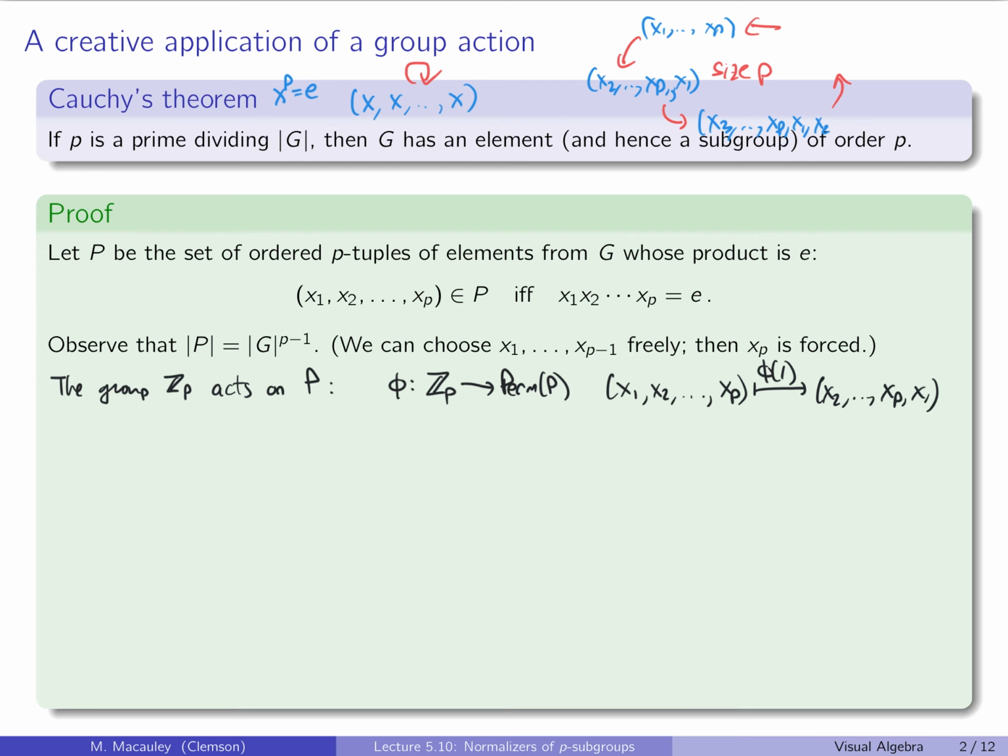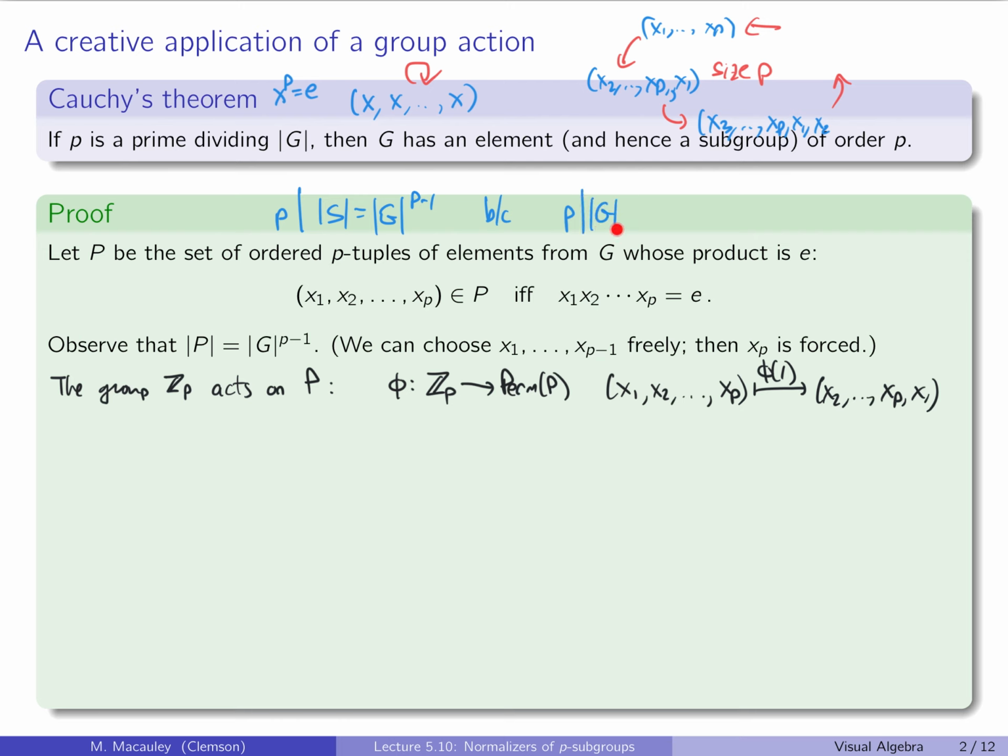So let's think about why this is. The number of these p-tuples, the size of the set, is the size of G to the p minus 1, and notice that p divides this because p divides the size of the group.